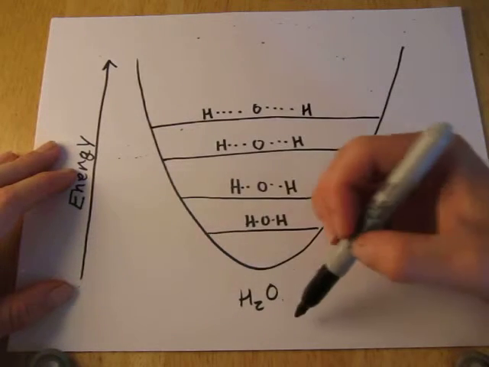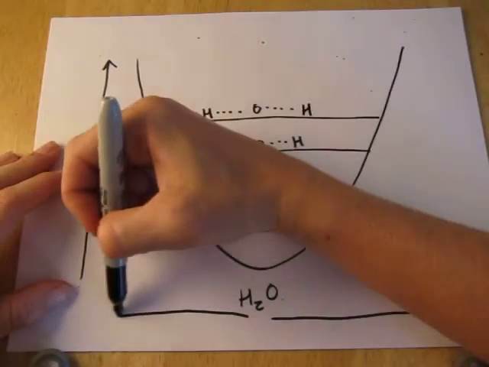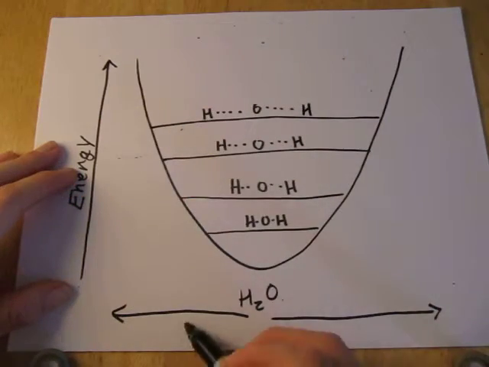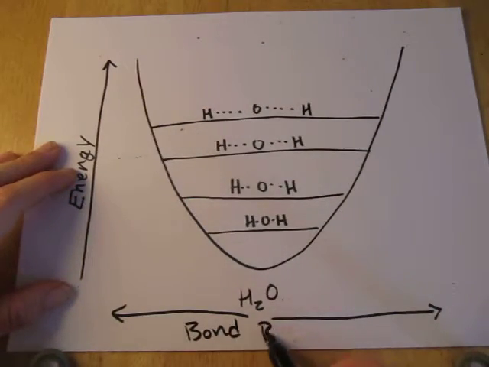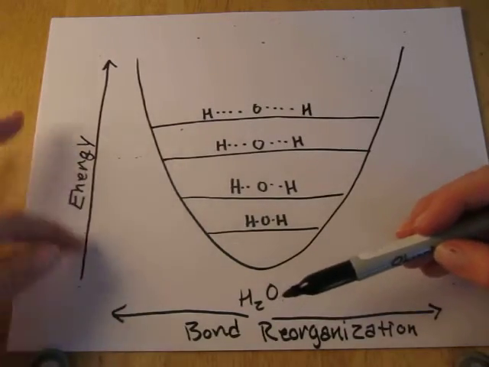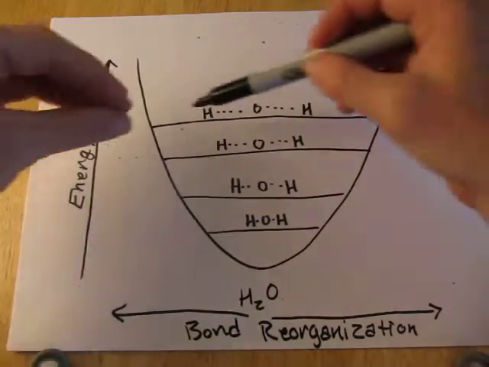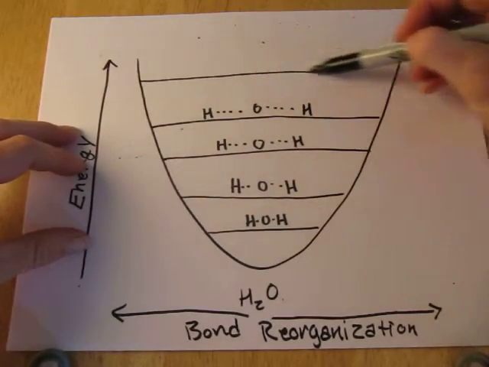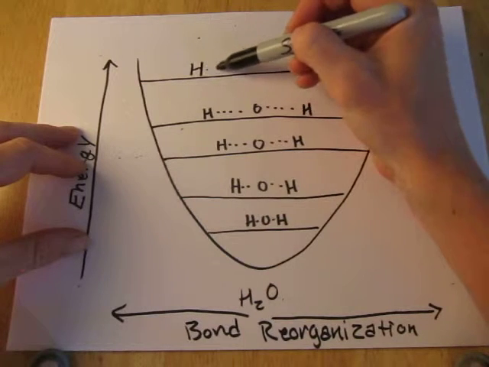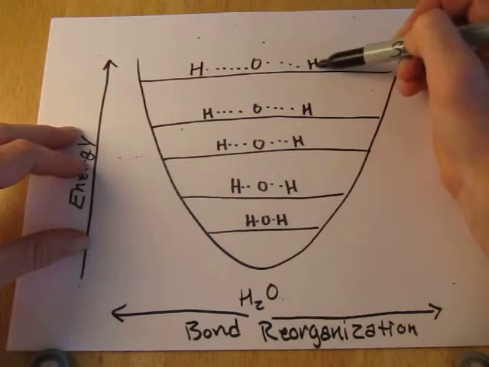And so, if we put on this axis bond reorganization, we can see that as you go up in energy, the bond becomes more disorganized and reorganized, and that it's long and weak, and starts to not really resemble anything like a bond at all.